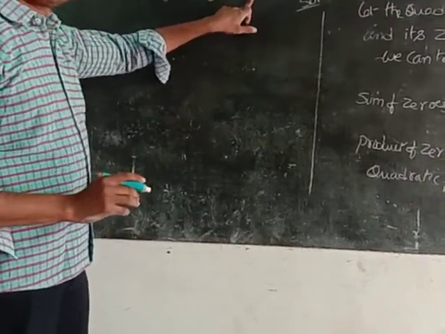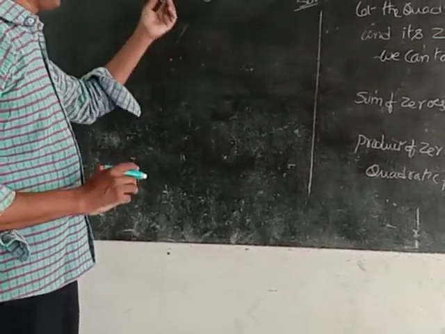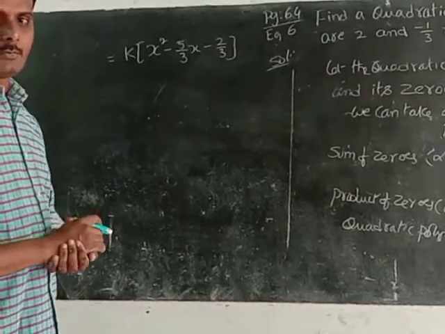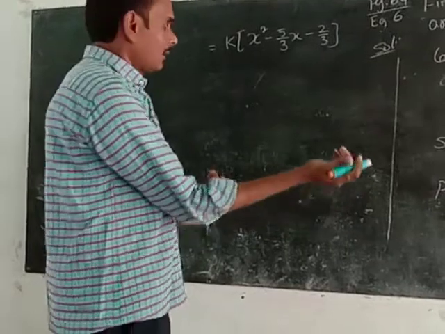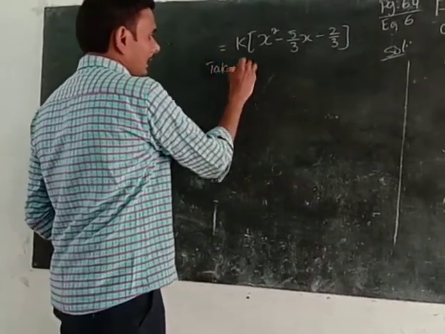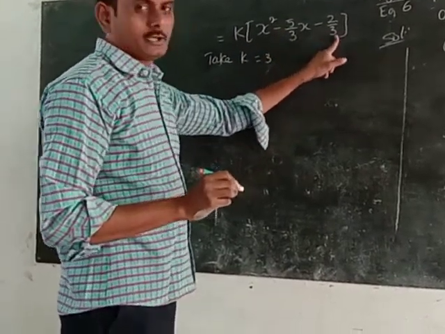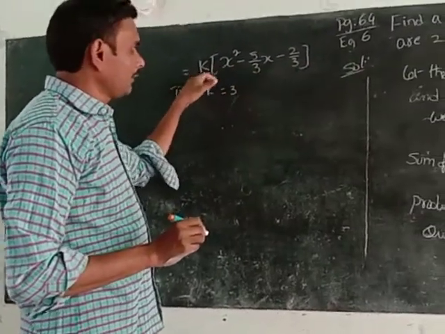Both denominators are the same, so take the k value for that. Otherwise we have to take an LCM. We will do that LCM in later models. Now we can take k equal to 3. Here denominator 3, here denominator 3, both having the same denominator, so we take k as that same value.